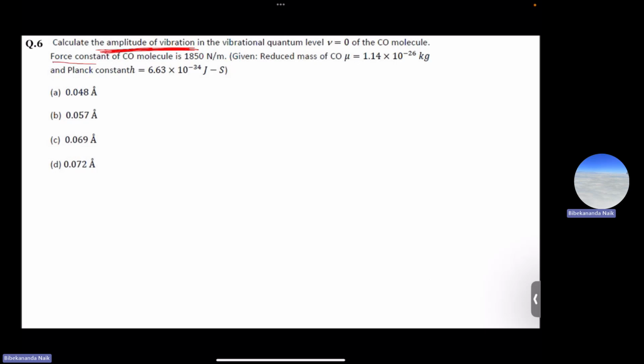How will we approach this question? The options are option A 0.048 Angstrom, option B 0.057 Angstrom, option C 0.069 Angstrom, and option D 0.072 Angstrom. I will give you a few minutes to try this question, and then we will discuss.